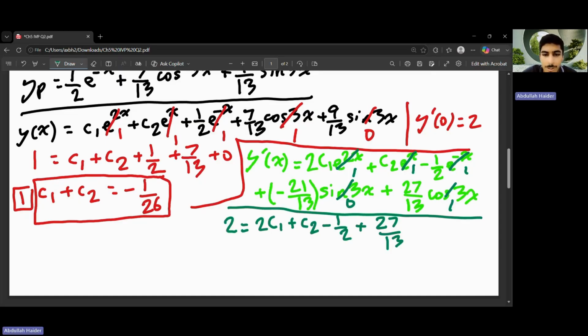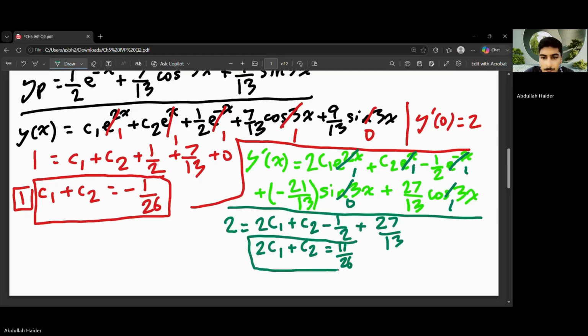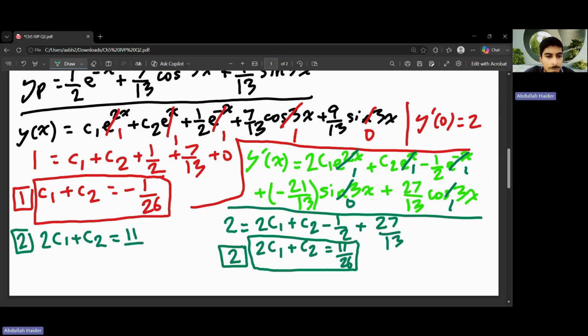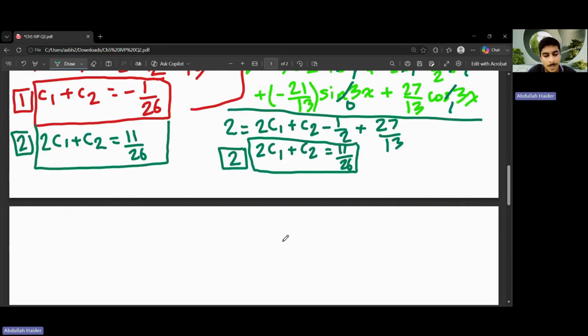So you should get now 2c1 plus c2 is equal to 11 over 26. This is your equation number 2. Now you can find c1 and c2 again using substitution or elimination method.